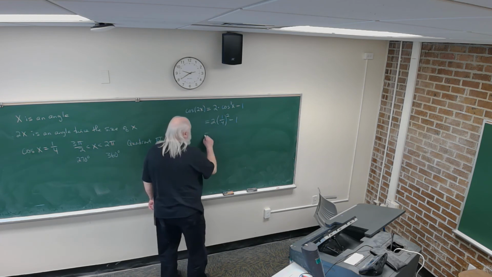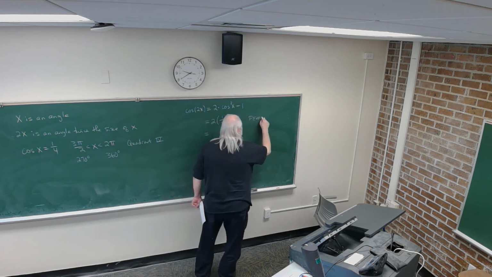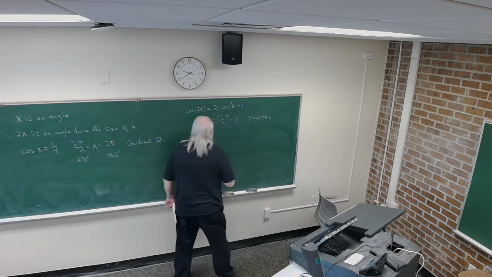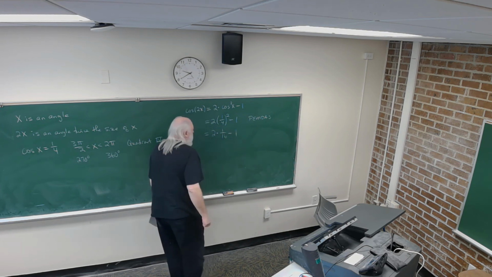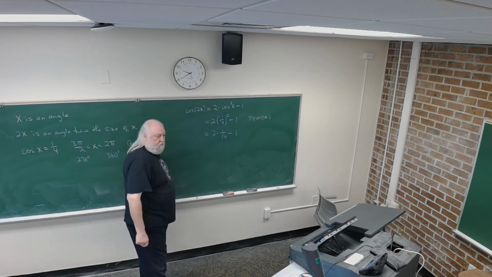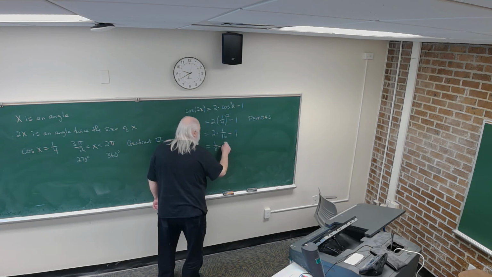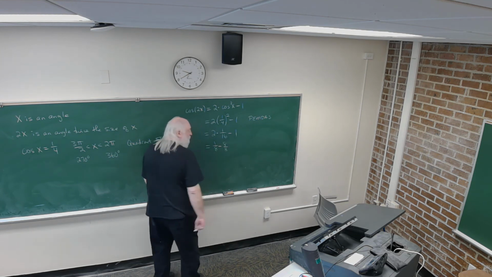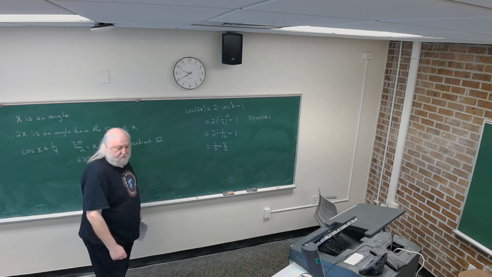And now it's arithmetic, right? You gotta do PEMDAS. 1/4 squared is 1/16. Then you have 2 times 1/16 minus 1. 2 times 1/16 is 1/8. And 1 can be written as 8/8, right? So you have 1/8 minus 8/8.